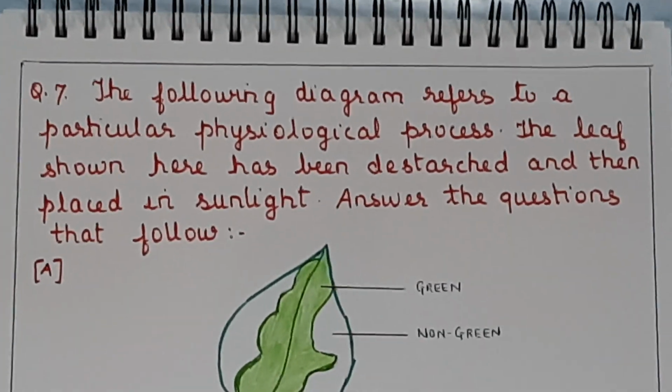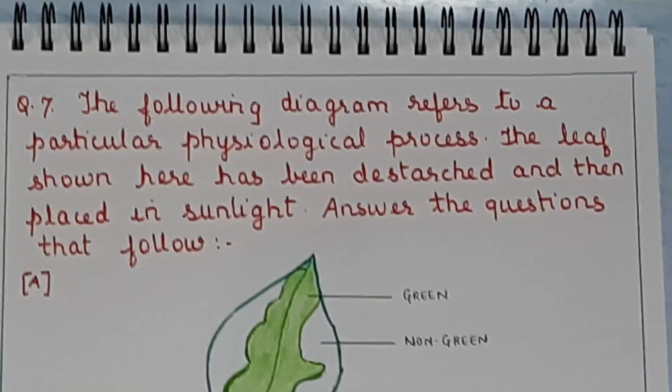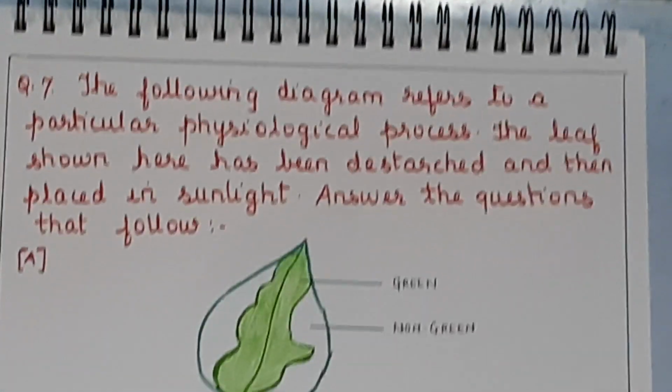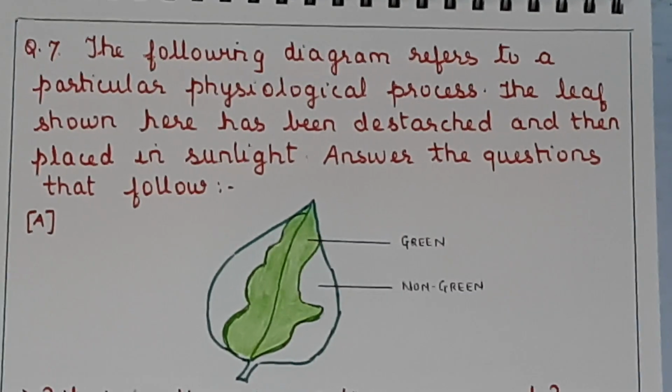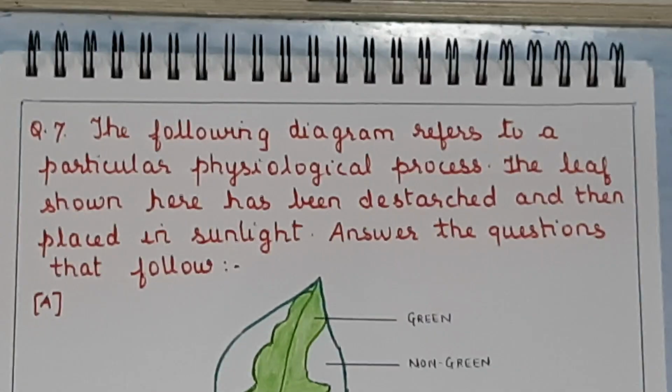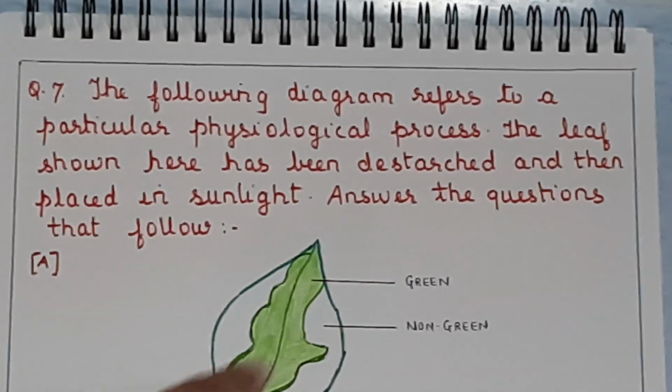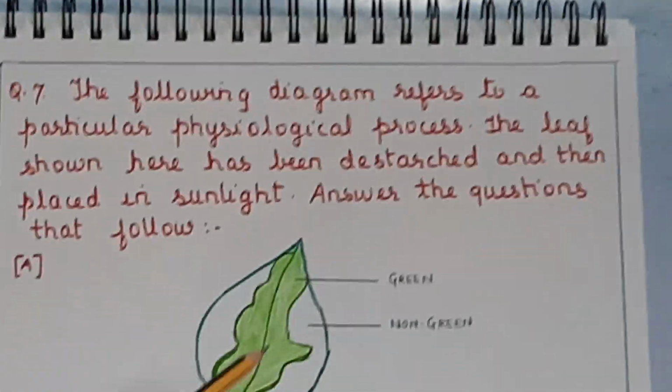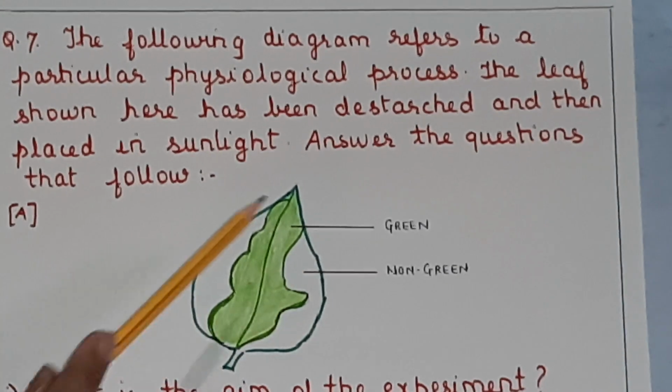Now the first experiment is, all these experiments are very important and they are asked in this manner. That's why I have written it in that manner, so that it's easier for you to understand. Now this particular diagram, if you see, this leaf is showing green and non-green areas.